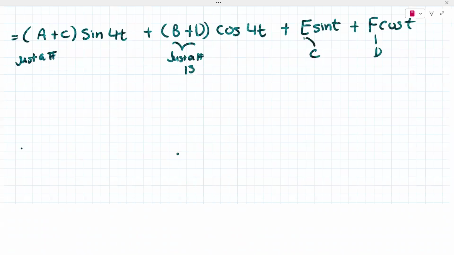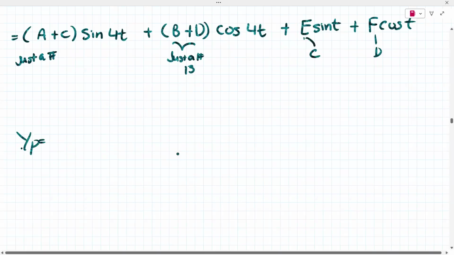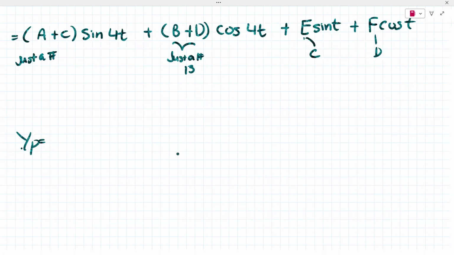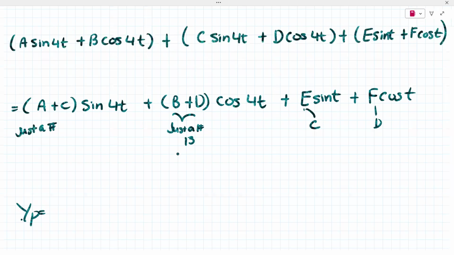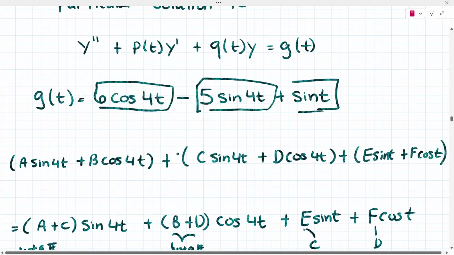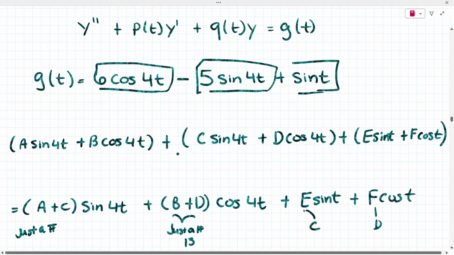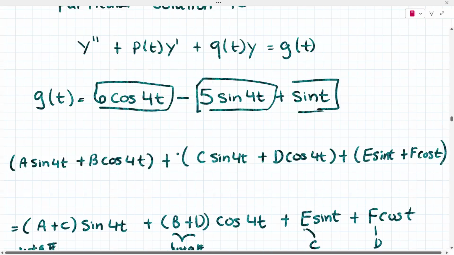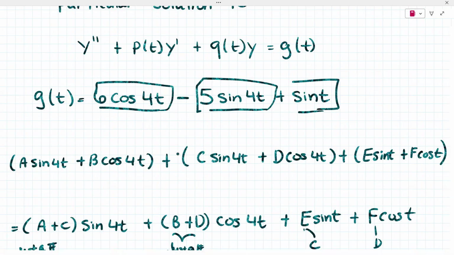So your yp, your guess, is going to be, wait, we always got to check if something looks similar, right? So does anything look similar? I think so. This a sine 4t plus b cosine 4t plus c sine 4t and d cosine 4t, they look similar.